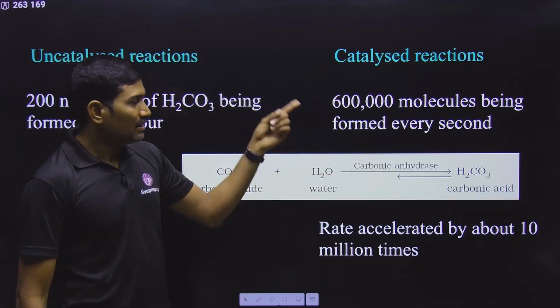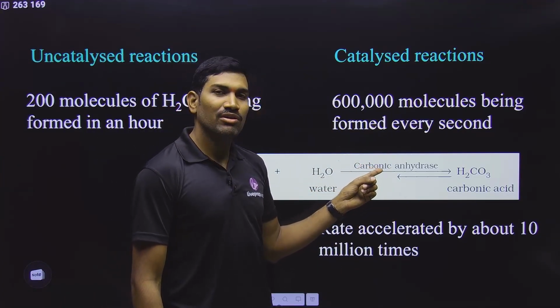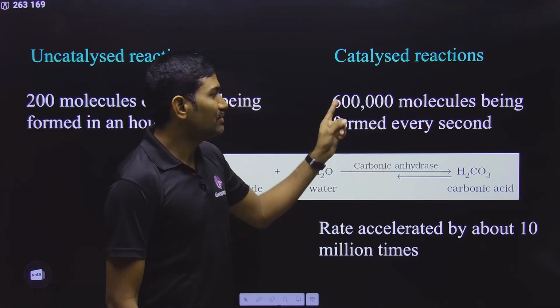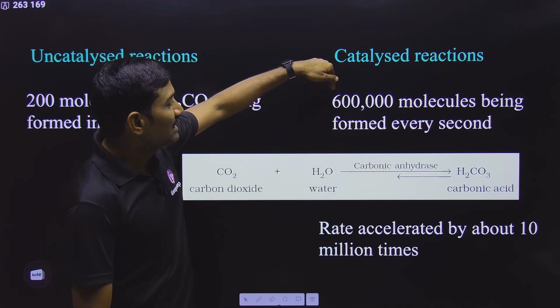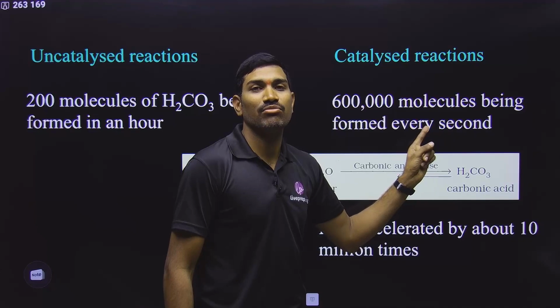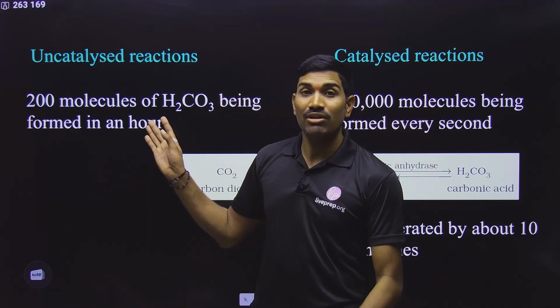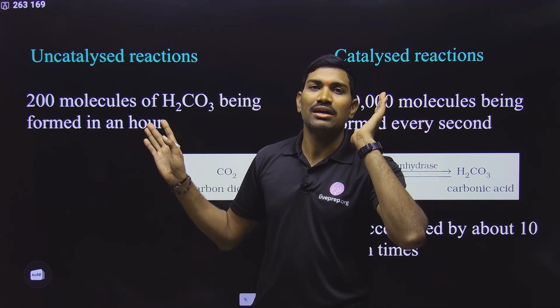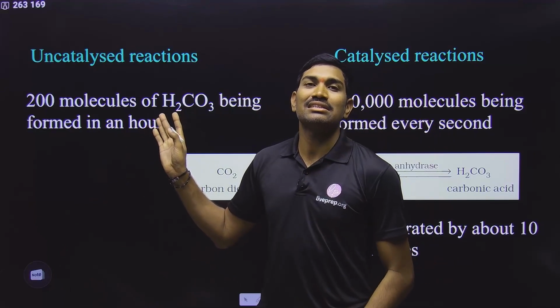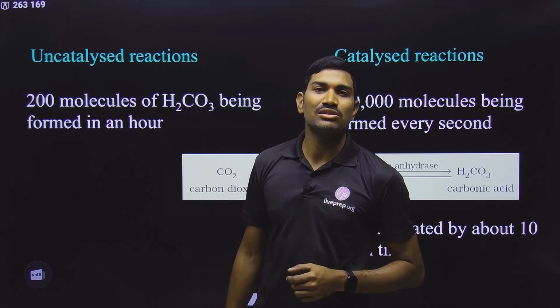But if the enzyme is present, and the enzyme involved here is carbonic anhydrase, then 6 lakh molecules are formed in 1 second. In every second, this many are produced. In 3,600 seconds, that is 1 hour, just 200 molecules are produced without the enzyme.